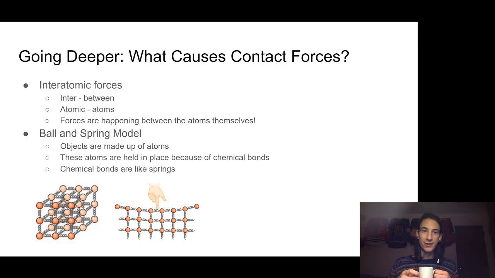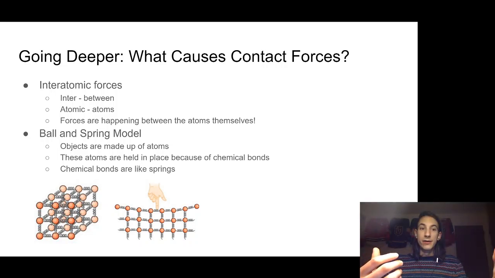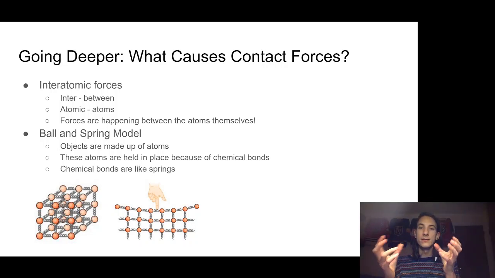But especially in solids, we want to think of objects as being made up of atoms, and we want to use this ball and spring model. We think about each atom as an actual ball, and there's a bond between them with a little spring. So you can think about a ball with some springs coming off of it that's attached to another ball, and it would work just like a ball and a spring.